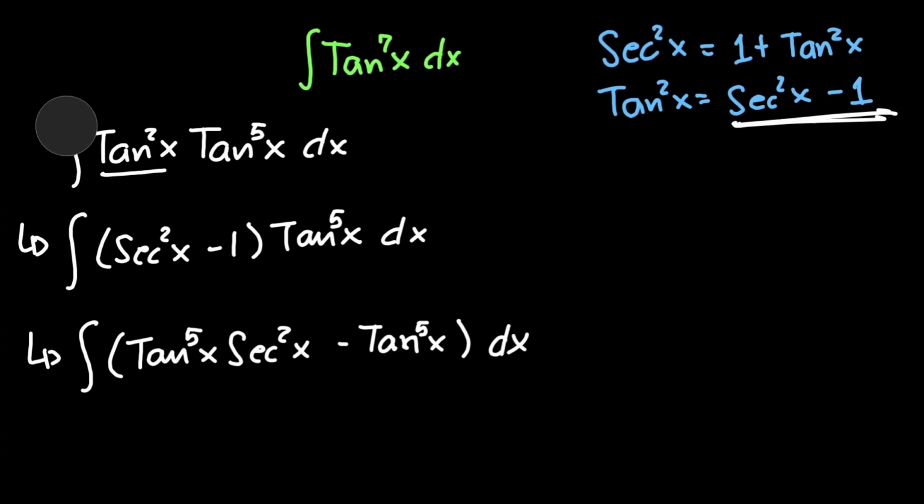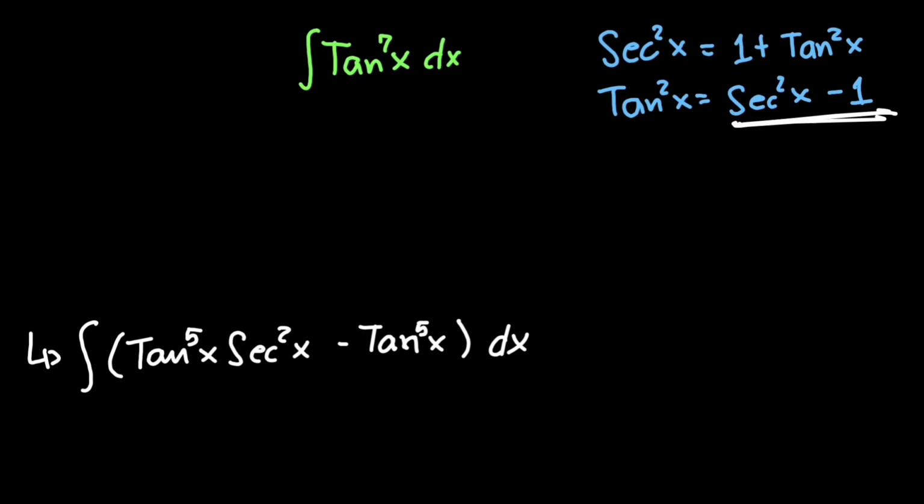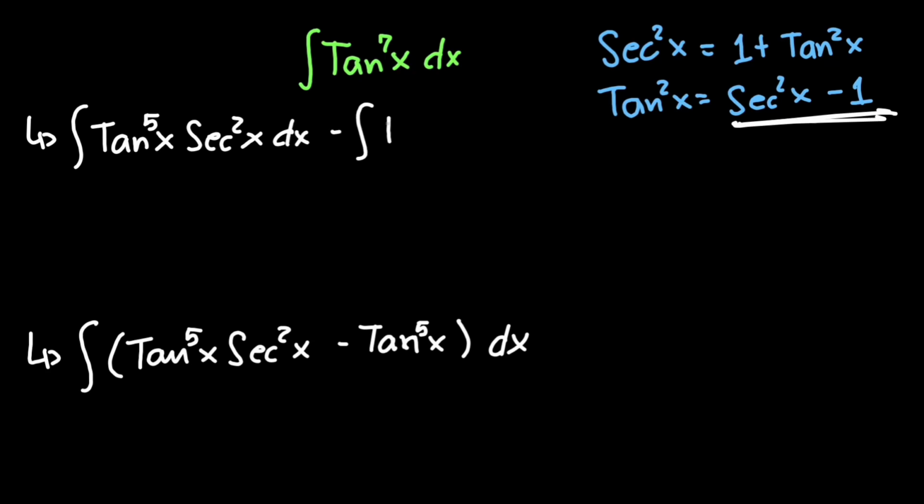As you can see now, you can recognize the pattern that I am doing here. And so split the integral apart. So this would be the integral of tangent to the power 5 of x secant squared of x dx minus the integral of tangent to the power 5 of x dx.